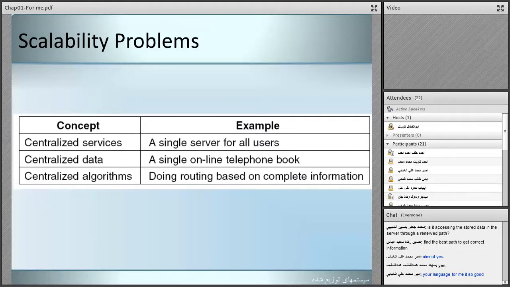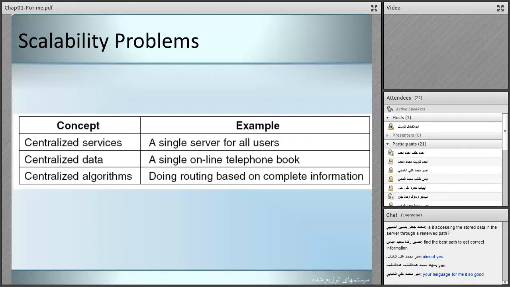How about centralized data? It is a good idea to replicate data, decentralized data. It means it is a better idea to distribute your data between different servers, between different locations.